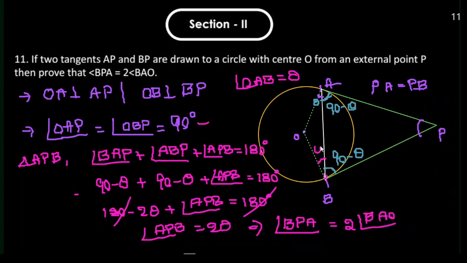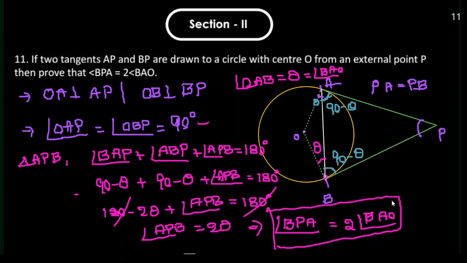This is also theta, right? So BAO. Fine. So this is what they have asked in the question. I've solved it, right? So yes, we have shown it and hence proved.